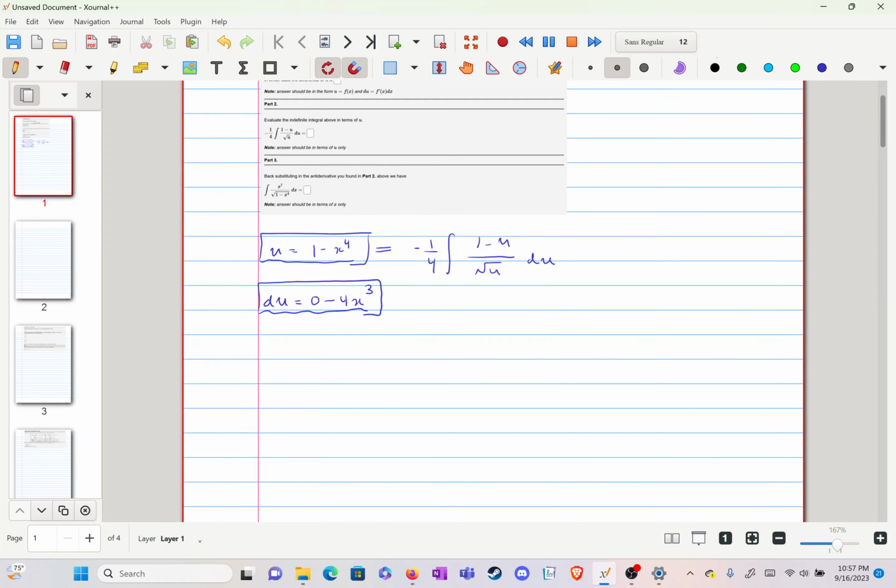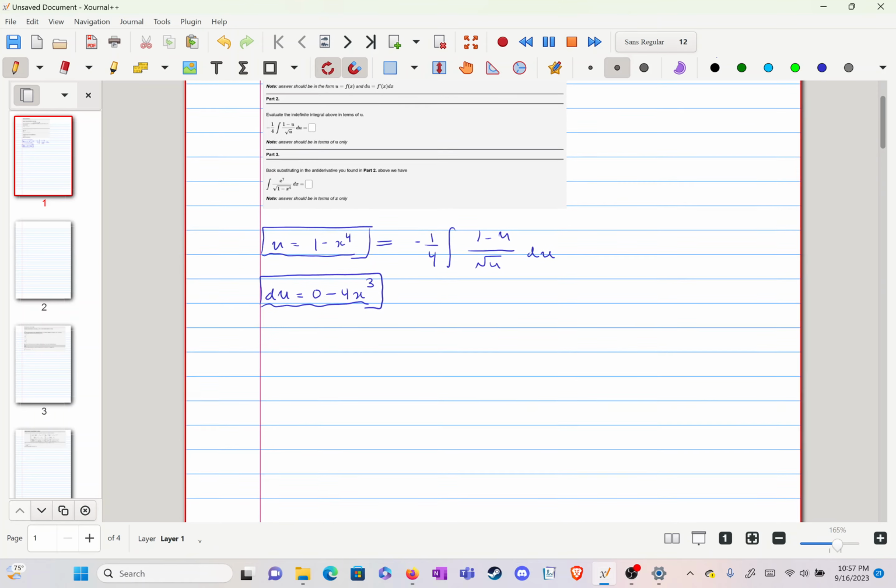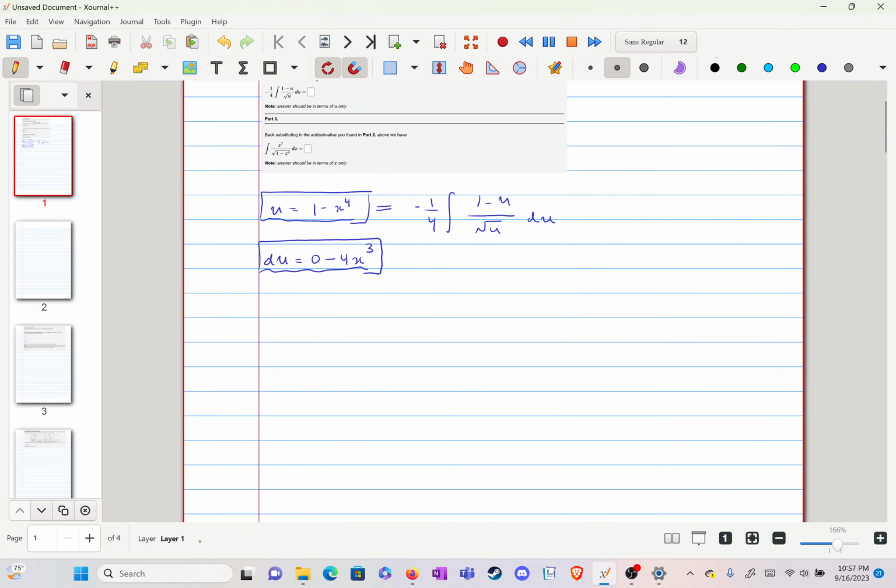All right, now we're looking to evaluate the indefinite integral above in terms of u. Not too shabby. So we have our constant out here. I'm going to rewrite the integral down: 1 minus u over square root of u du. We can rewrite this into 2 separate integrals.